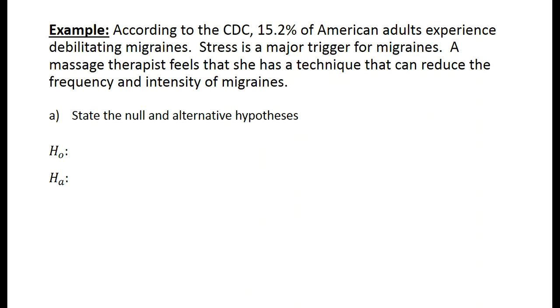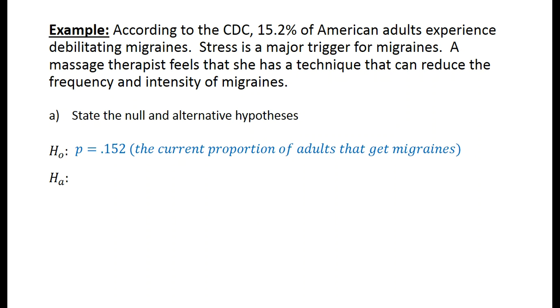So our null will be exactly equal to our 15.2%, but when we write it, we want to write p equals and then the decimal 0.152. And I just, again, put the language behind there that that's the current proportion of adults that get migraines. If the massage therapist feels that she has a technique that can reduce the frequency, that percentage should go down.